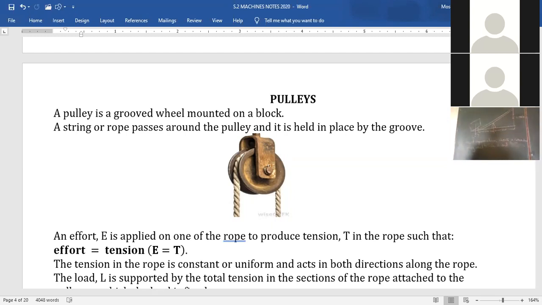The diagram above shows the crowbar being used. Then the questions are as follows. Work done.